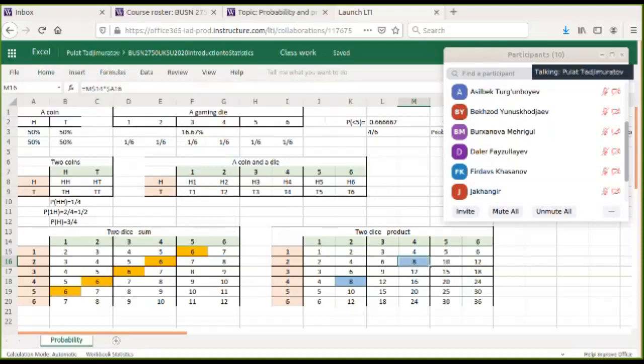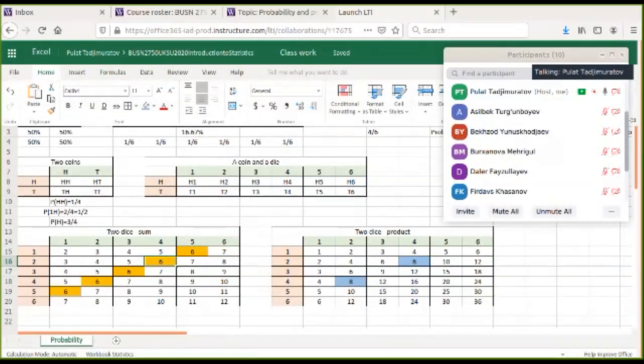We have 5 cases where the sum is 6. We want both of them to happen at the same time, and I see that this cell in here does have both the sum of 6 and the product of 8, right? It's when one dice is 2 and another dice is 4.